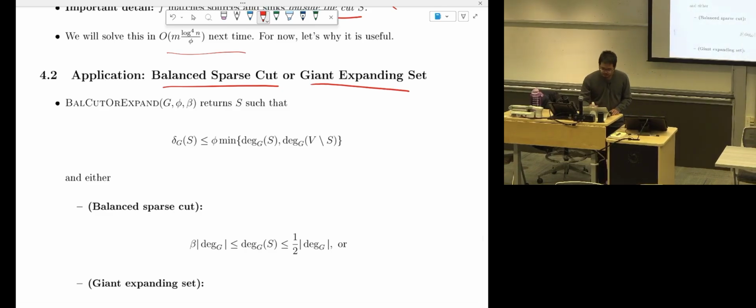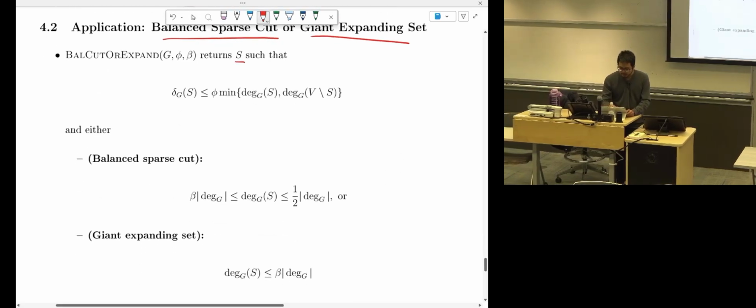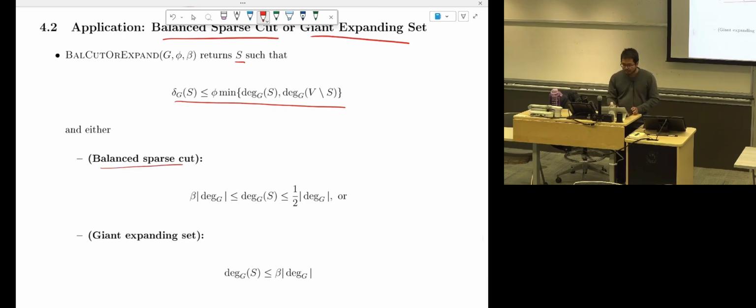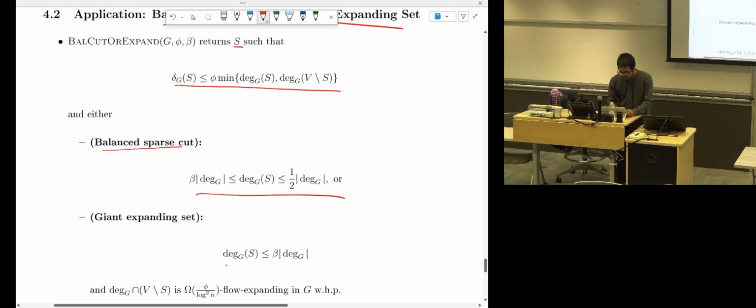What it does is return a cut that is sparse, and it's either a balanced sparse cut, or otherwise it is not balanced. The cut here is not so big, but then the complement is already expanding in G.